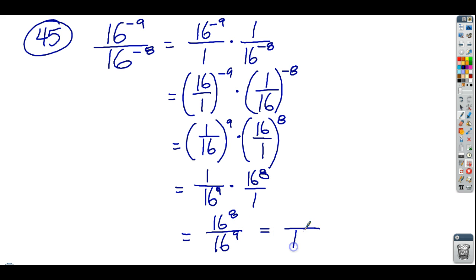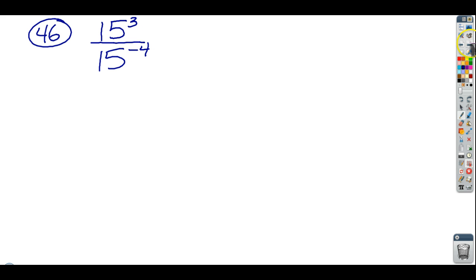There's one more 16 on the bottom. 8 from here will cancel with 8 from here, which leaves me with 1 16 on the bottom. Okay, going on to the next one. 15 to the 3rd times 15 over 15 to the negative 4th. So I'm going to rewrite this.